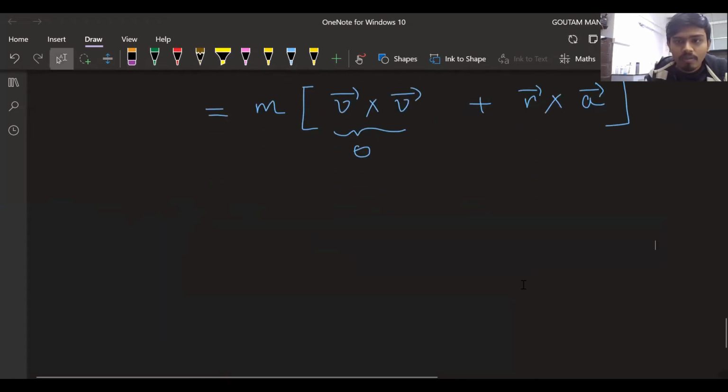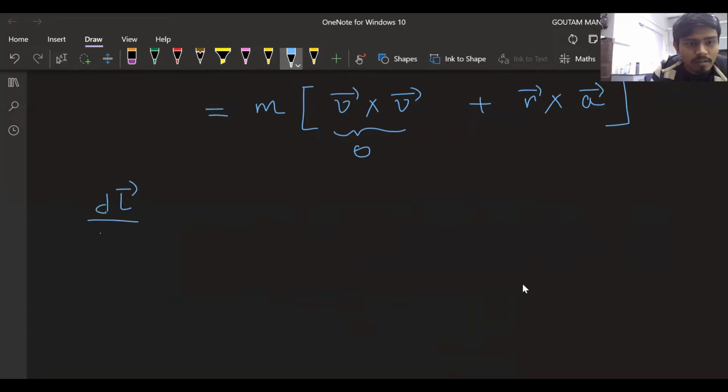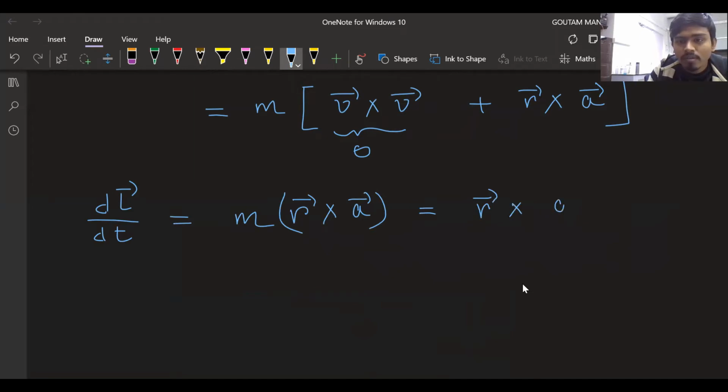So then this dL/dt, the rate of change of angular momentum, is equal to m r cross a. Now if I take m with a, then this m a is basically the force.